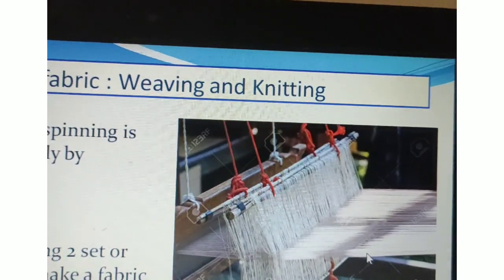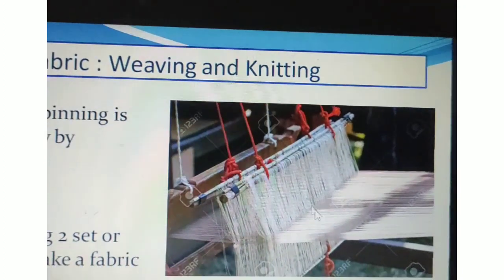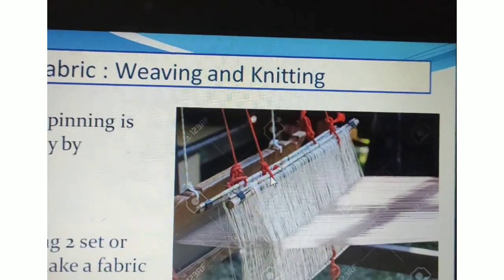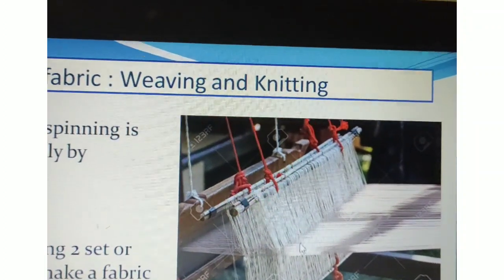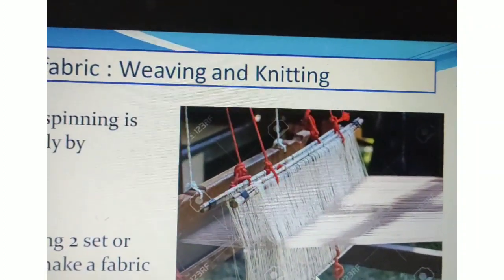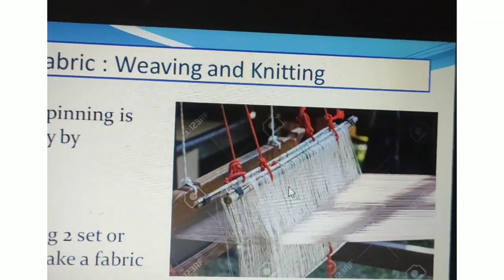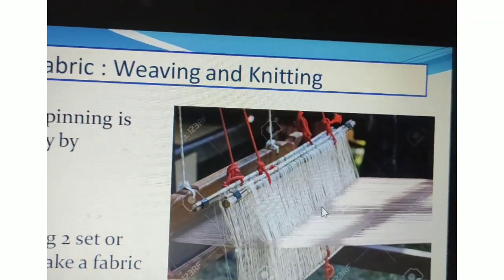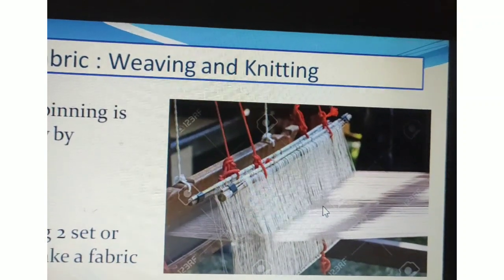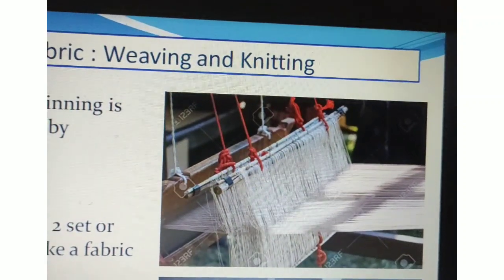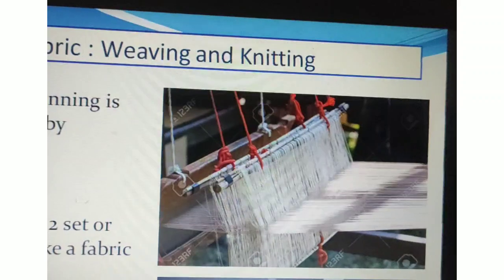This is considered one set of yarn. The second one is attached with these sticks, starting from here to here. So it is known as the second set of yarn. Now both sets of yarn are arranged together, and then we get fabric. This process is known as the weaving process.